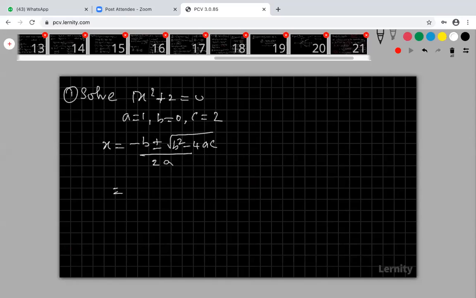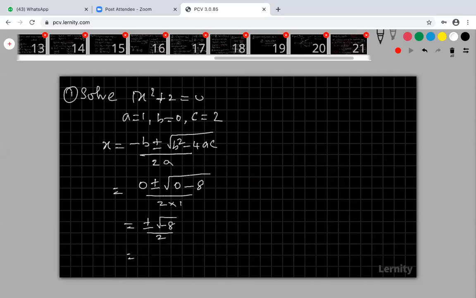Minus b is 0 here, plus or minus root of b square minus 4ac, that is 4 into 1 into 2, that is 8, divided by 2 into 1. So my answer is 0 plus or minus root of minus 8 divided by 2.